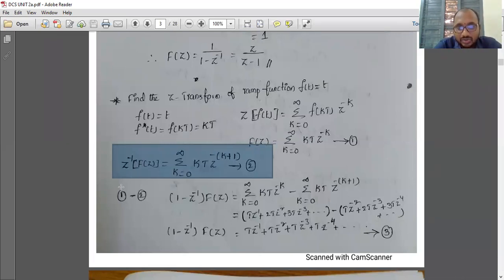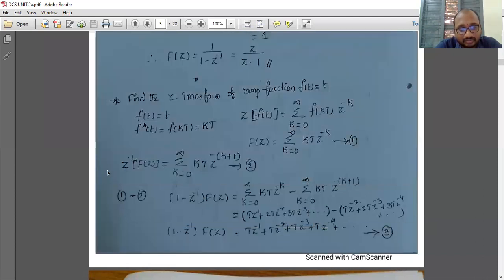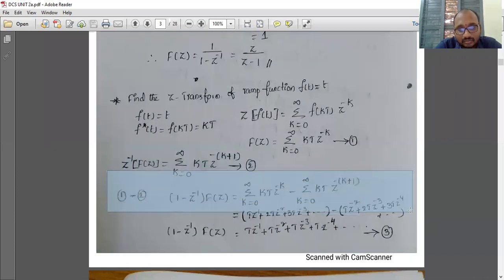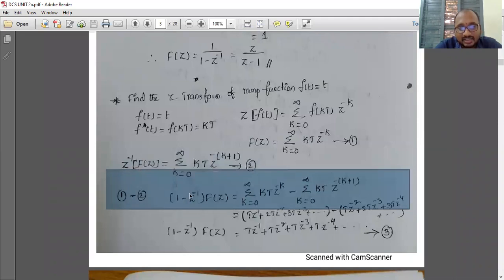Same thing, subtract the second equation from the first equation, and you get this. 1 minus z inverse into F of z is equal to sigma k is equal to 0 to infinity kT into z power minus k, minus sigma k is equal to 0 to infinity kT into z power minus of k plus 1.